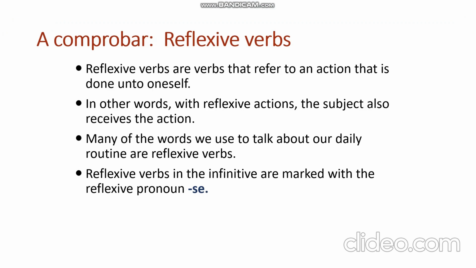Reflexive verbs are verbs that refer to an action that is done unto oneself. It is to say the subject is both the doer and the receiver of the action in this construction. Many of the words that we use to talk about our daily routine are reflexive verbs, as we saw in the vocabulary that was introduced. Reflexive verbs in the infinitive are always going to be marked with the reflexive pronoun se.